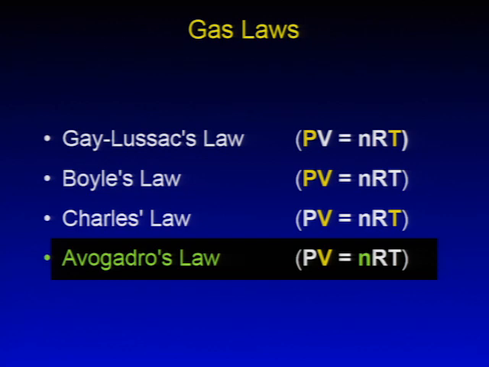So if the pressure is increased to twice the baseline, the volume should decrease to 1/2. Charles' law is the relationship between volume and temperature. Those 3 laws, Gay-Lussac's, Boyle's, and Charles' law, relate pressure, volume, and temperature.